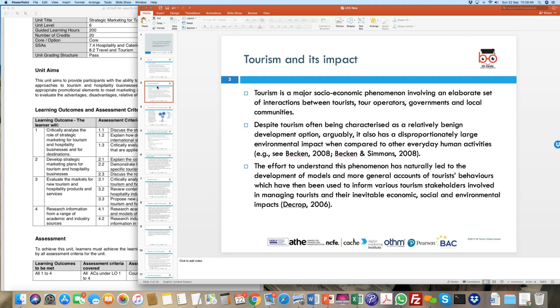Now, having understood that this is a broad activity which is now happening at a global scale, and it has social as well as economic ramifications, what we want to be able to do is understand how the decision-making process works within this sector.